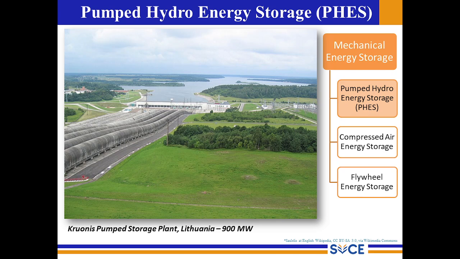These are images of one of the biggest systems, which is in Lithuania. The energy is used to transport the water from the lower reservoir, which is basically a river, to an upper reservoir. The pipes which you see in the photo are called penstocks.